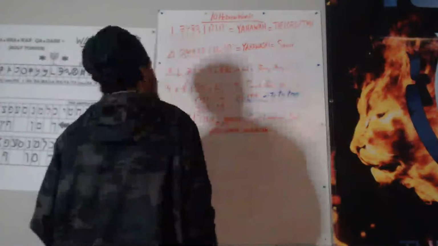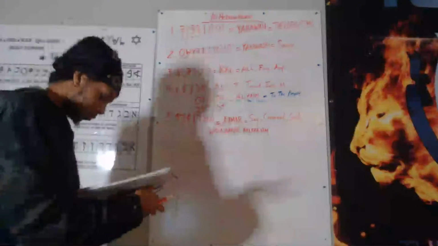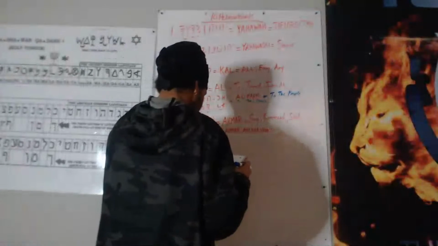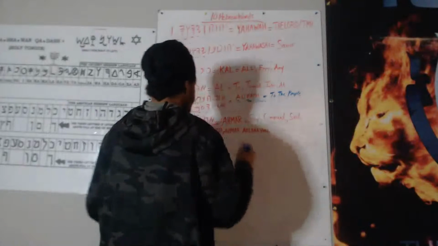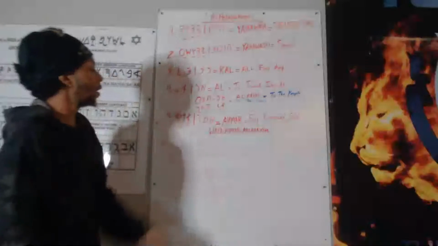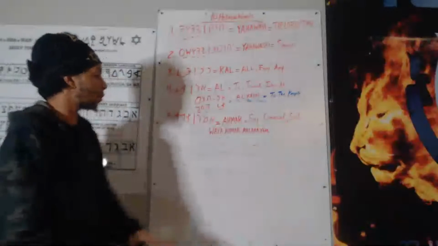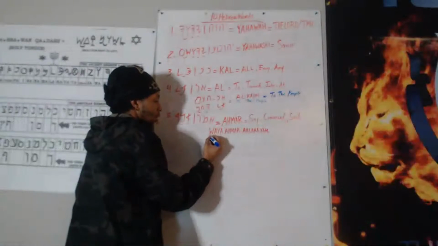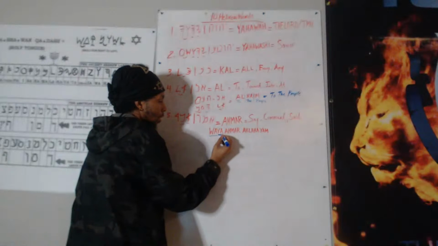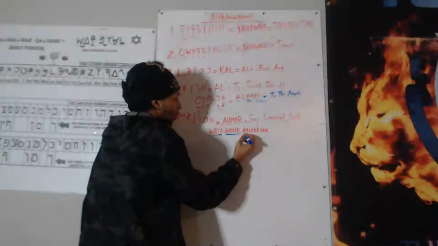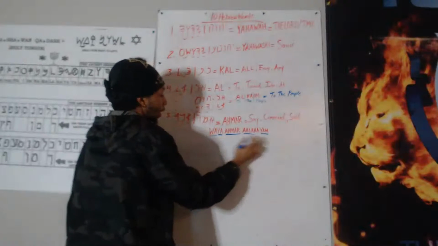All right. Okay, so this is going to be a clear example. Let me give it to you real quick. Okay. We have Waya Amar Elohim, right? Waya, Amar, and Elohim all have prefixes and suffixes too.